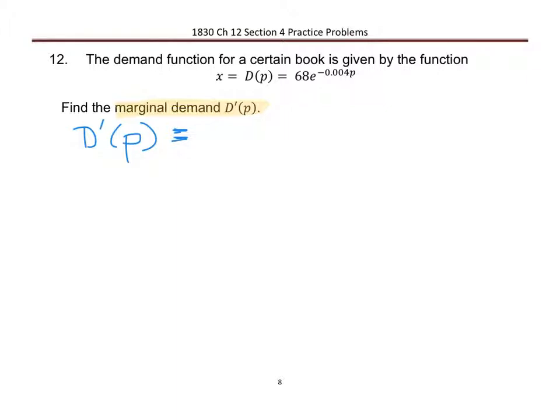So 68 is the hitchhiker. Keep your e to the power, but then take the derivative of that power and multiply by it so that you're using your chain rule.